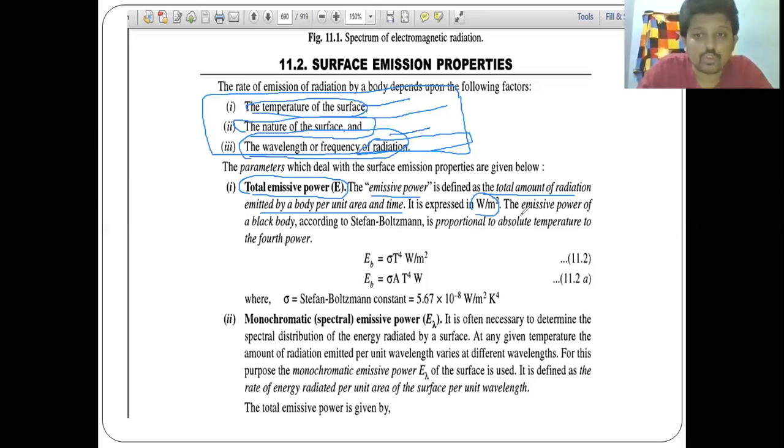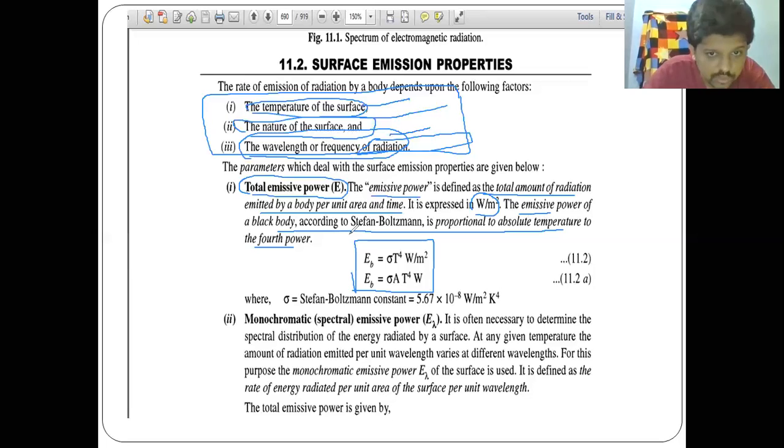And the emissive power of a black body, according to Stefan Boltzmann, is proportional to the absolute temperature to the fourth power. In the first class of heat transfer we discussed that the radiation governing law is the Stefan Boltzmann law. There we defined that the amount of heat transfer is always proportional to the fourth power of the temperature difference. The same thing, but here we are explaining it in terms of emissive power. That means, according to the Stefan Boltzmann law, for a black body, this emissive power is always proportional to the fourth power of the absolute temperature.